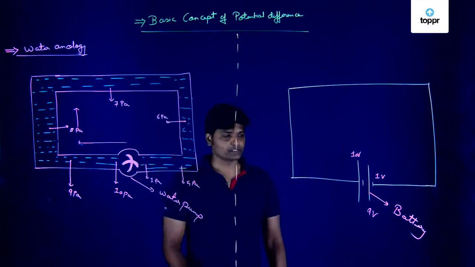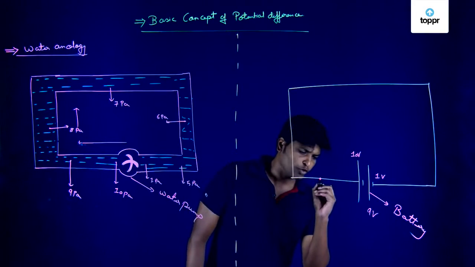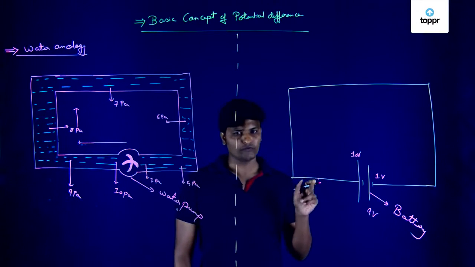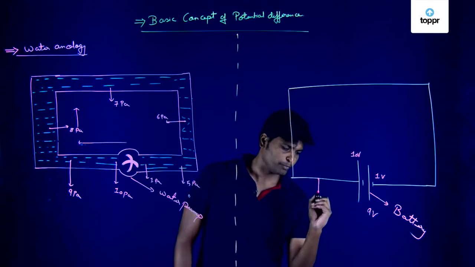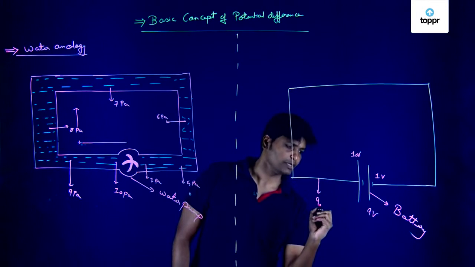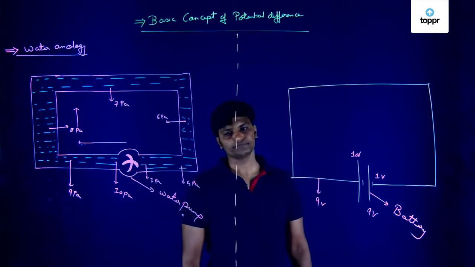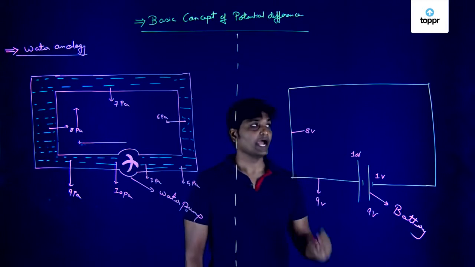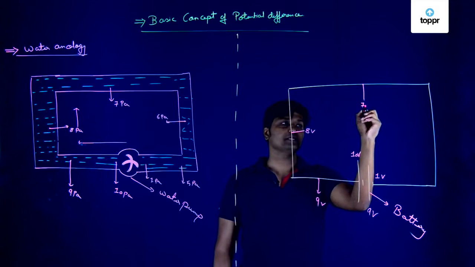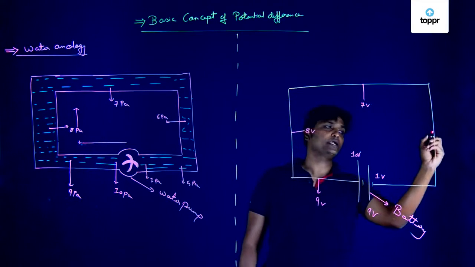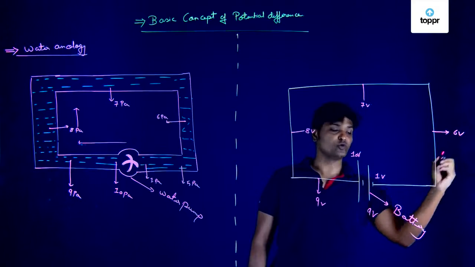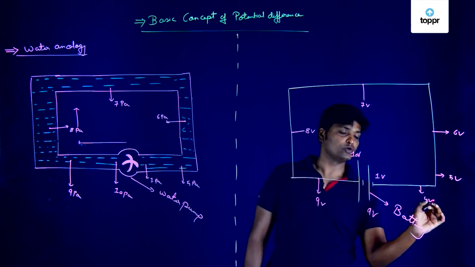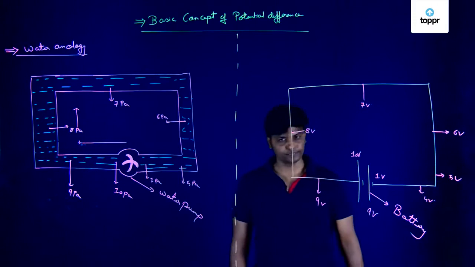Now just like this, if you try to find the potential at this particular point of the wire, you will find that the potential at this point will be 9 volt. At this point, the potential will be 8 volt. At this point, the potential will be 7 volt. At this point, maybe 6 volt, 5 volt, 4 volt and then 1 volt.